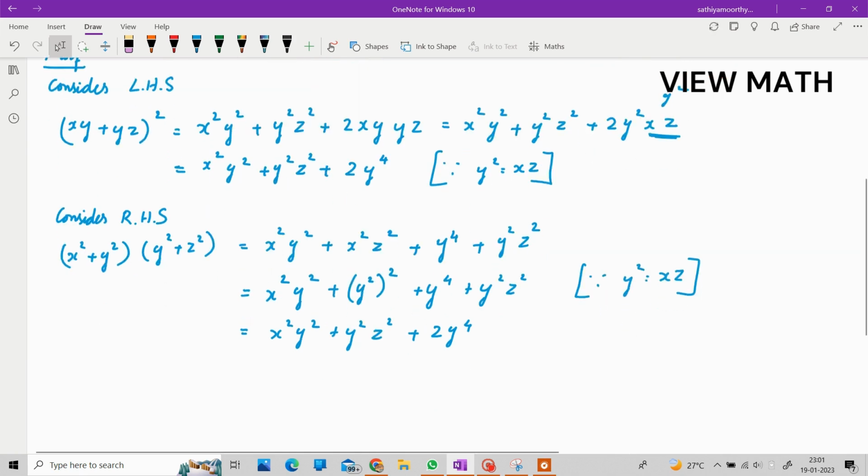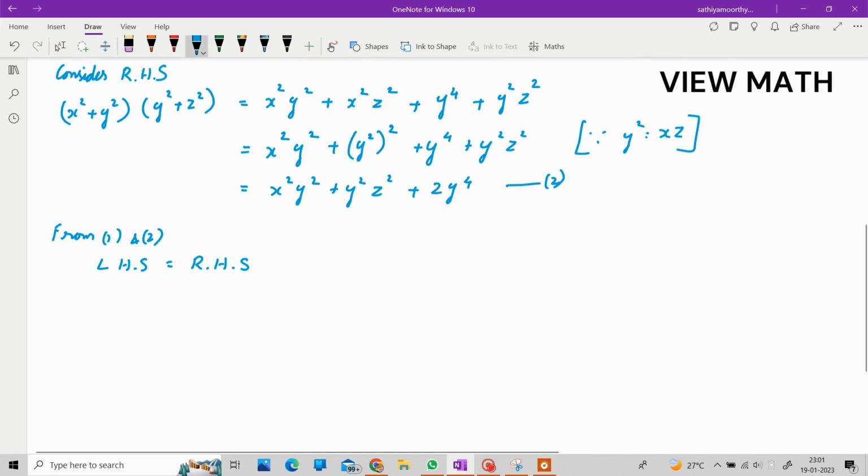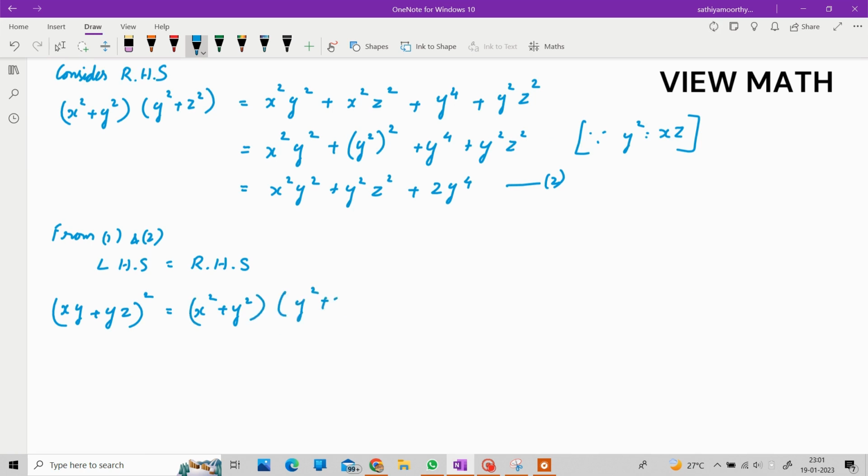Now you can see, this is equation 1 and this is equation 2. From 1 and 2, I can say left hand side is equal to right hand side. So we have proved xy plus yz the whole square is equal to x square plus y square into y square plus z square.